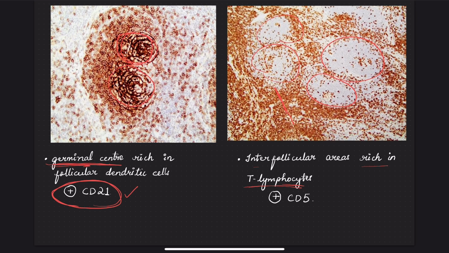T lymphocytes are positive for the CD5 marker. So the first image shows you the germinal centers with follicular dendritic cells showing positivity for CD21, and the second image shows the interfollicular area rich in T lymphocytes. T lymphocytes stain positive for the CD5 marker.